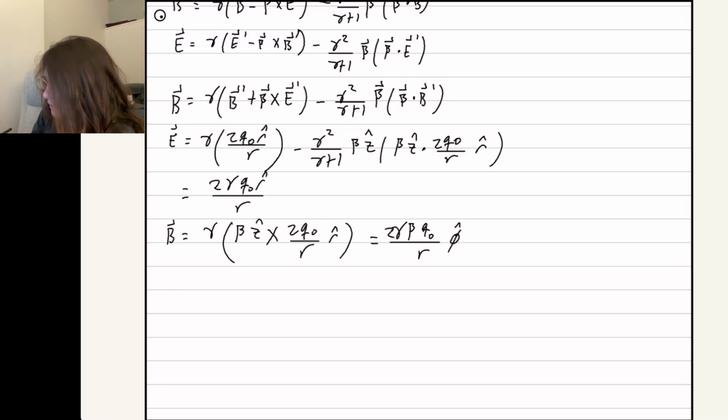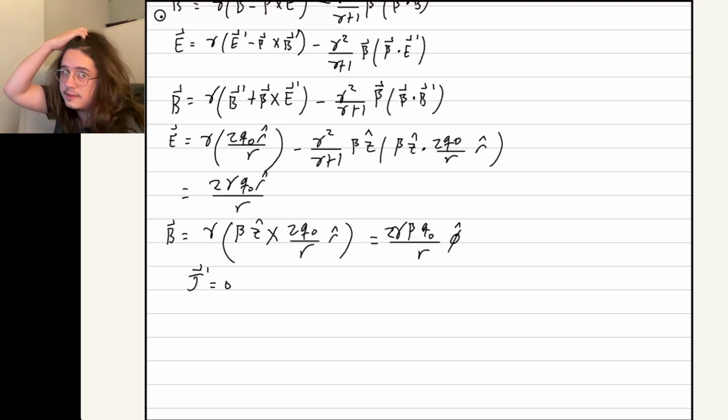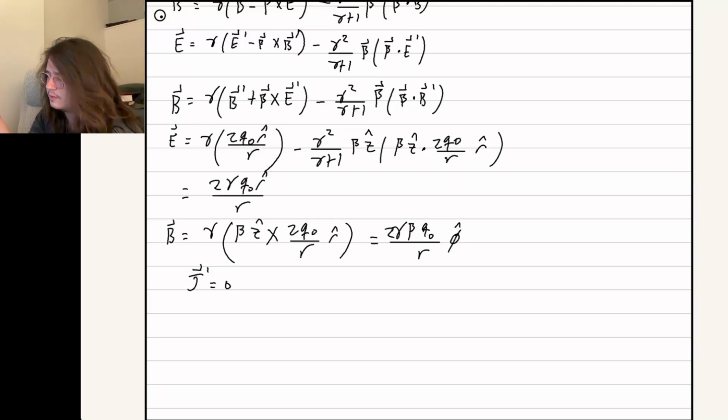So in its own rest frame, we already kind of said this, but there's no current density in the wire's own rest frame because it's a statics problem in its own rest frame, so it's 0. But the charge density is not 0.